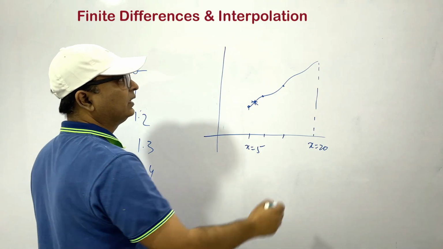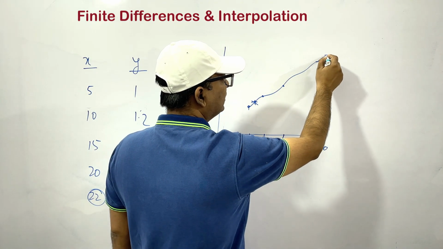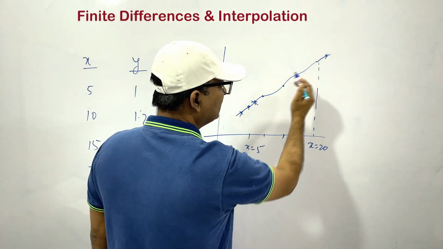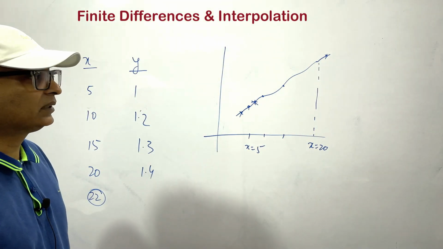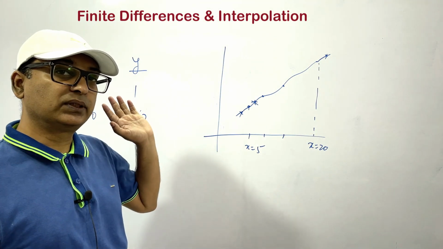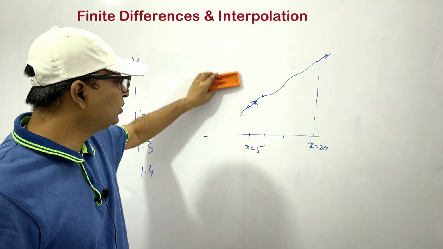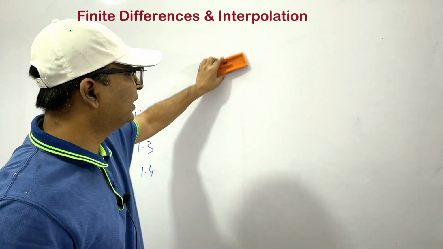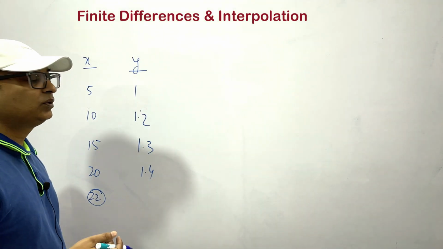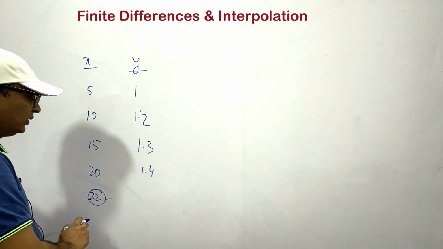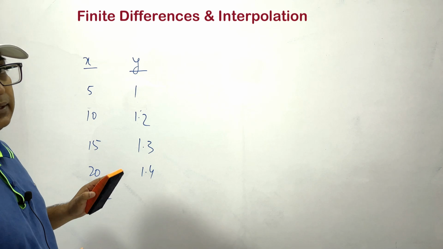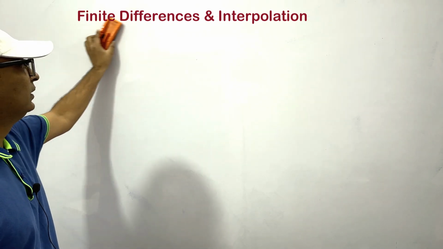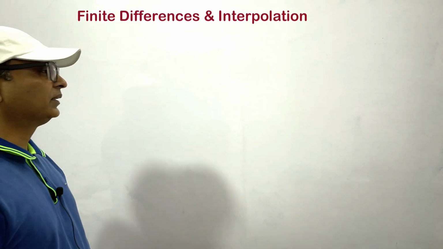This is interpolation. And if we are able to tell the value of the function at this point or this point, that is outside the range of the data provided to us, then it is called extrapolation. Clear? And what we essentially do is create a polynomial whereby we get very close to the actual value that the curve would take. Okay, clear to you? So this is interpolation and extrapolation.